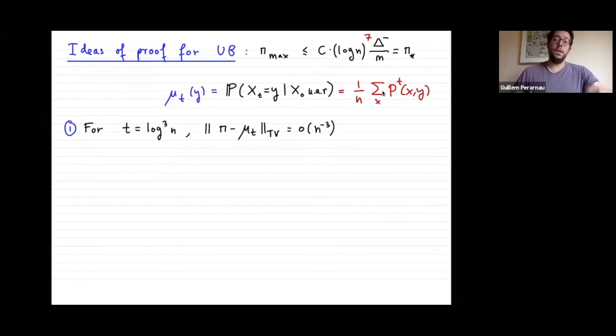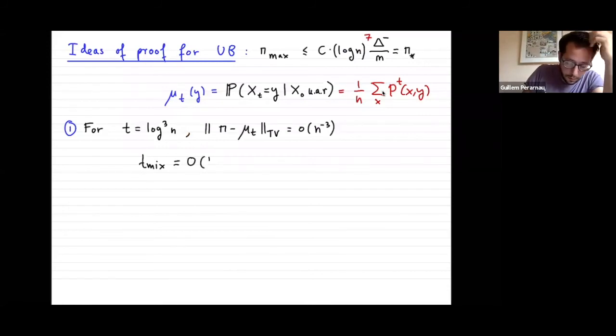And it turns out that if you want to bound pi max, it's enough to bound this new distribution. The reason is, for a large t, I'm going to take t in this case to be log cube of n. Using the results that we already know, it's not too hard to prove that the total variation distance between the stationary distribution and this new distribution is going to be small for t being log cube of n. The reason why this is true is because the mixing time of this model is of order log n. I'm not going to give more details about this.